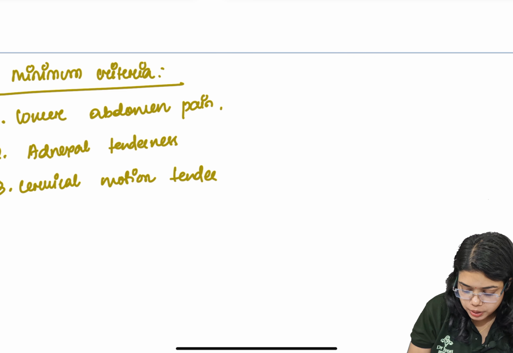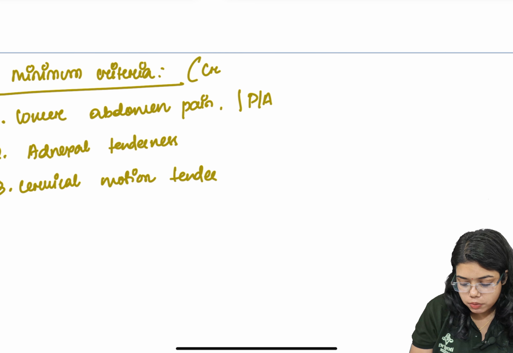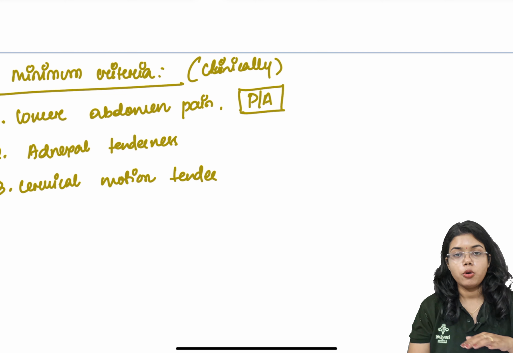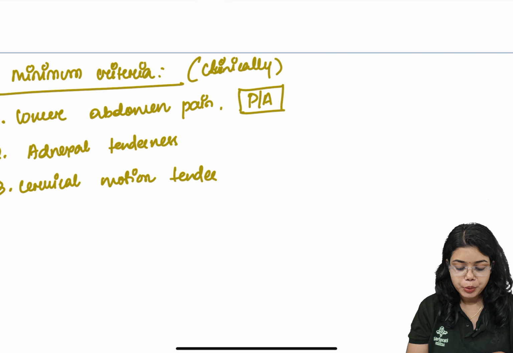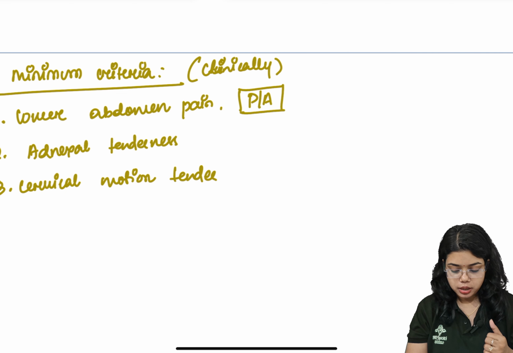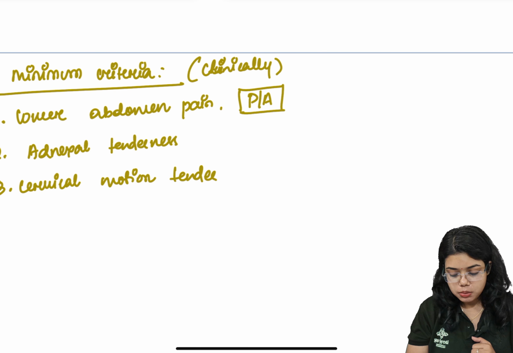This one is the clinical criteria. We see it clinically. On per abdomen examination, we palpate the abdomen and there is lower abdominal tenderness or pain, and there is also adnexal tenderness and cervical motion tenderness.